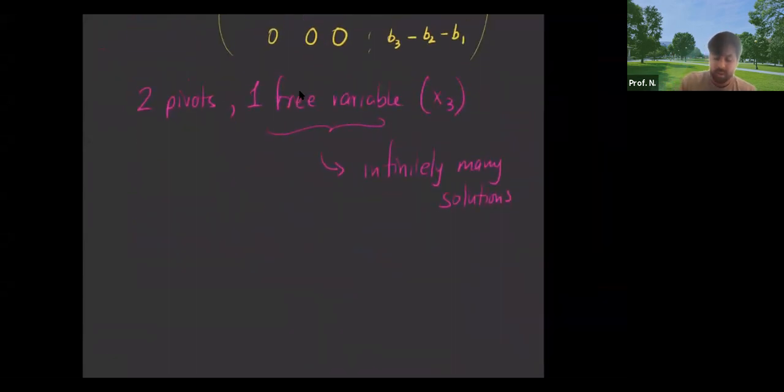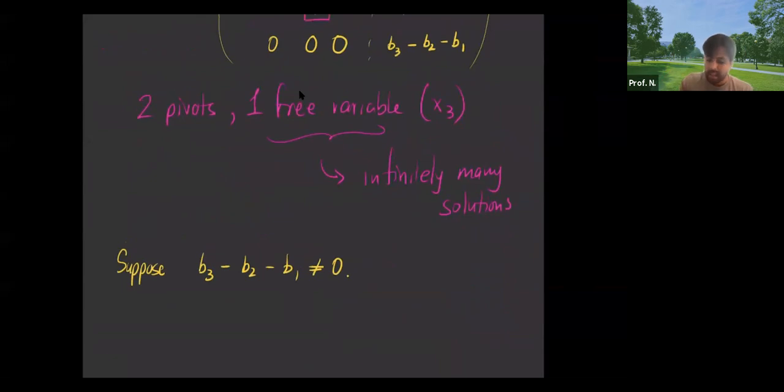Suppose that B3 minus B2 minus B1 does not equal 0. If that doesn't equal 0, then this number here will be non-zero, correct? So if this is a non-zero number, this last row, when you write it in row reduced echelon form, says that 0 equals a non-zero number.